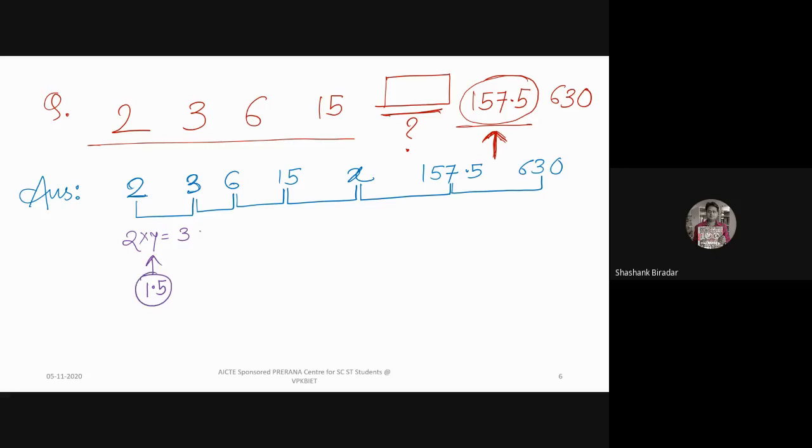Then the relationship between 3 and 6, the multiplication factor is 2. But if you go again with 6 and 15, 15 divided by 6 gives 2.5.